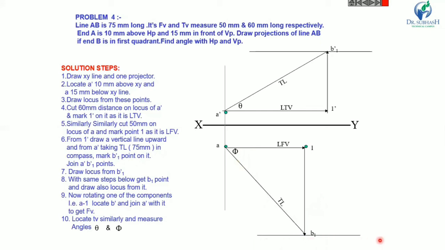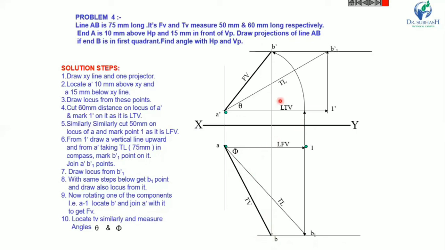Now draw the locus here from point B1. So find out its front view. A dash, B dash, and inclination of this front view is alpha. From B dash, draw a line perpendicular to XY, it will intersect this locus at point B. Join this AB, it's a top view and its inclination is beta.